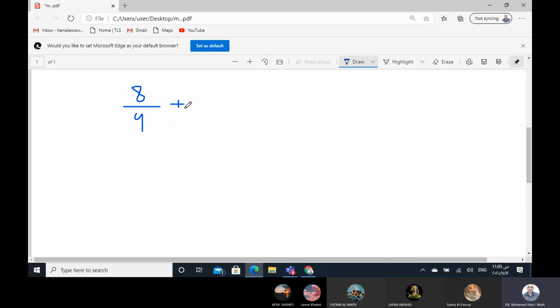The last example, we have 8 over 4 plus 1 over 2. Here we have unlike fractions, because here we have 2, here we have 4. You can multiply by 2 here. Now here we have 8 over 4 plus 2 times 1, here we have 2, and 2 times 2 will be 4. Now we have like fractions.